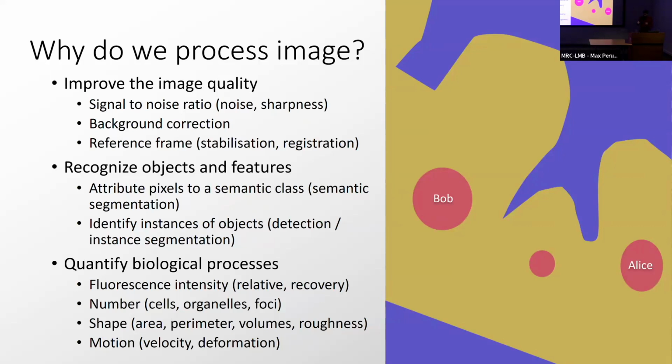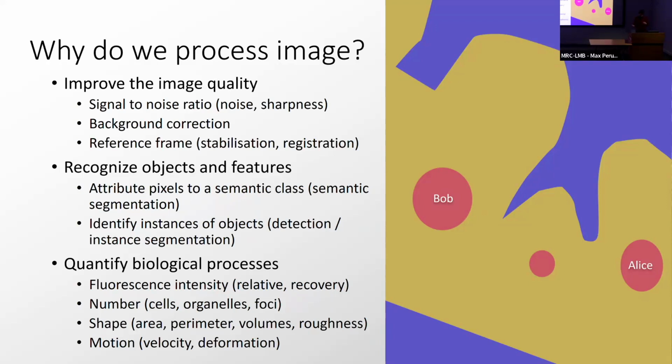And then further, what we really want to do is to quantify the process we are trying to study. That's the first reason you want to take pictures on the microscope. So you want to measure fluorescence intensity, relative intensity, recovery over time.